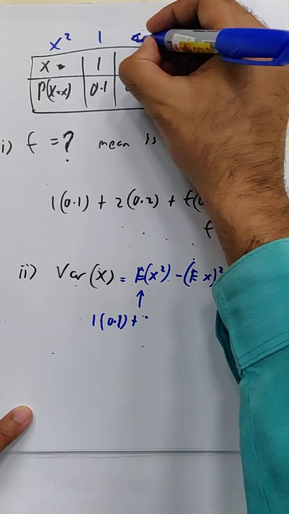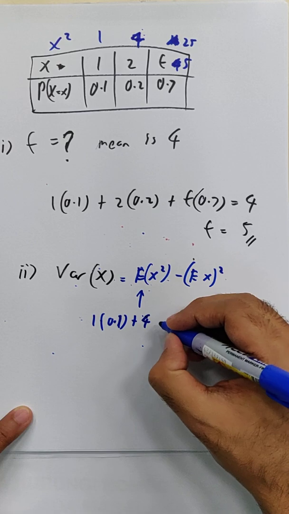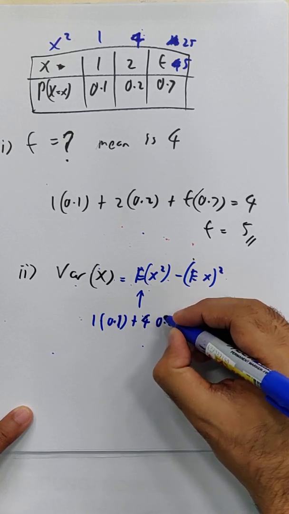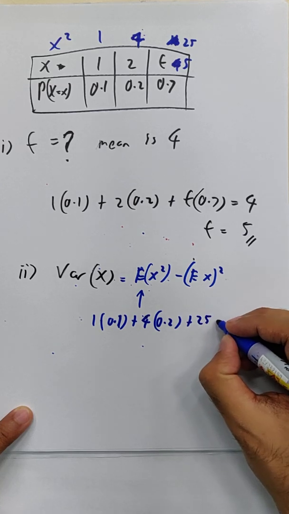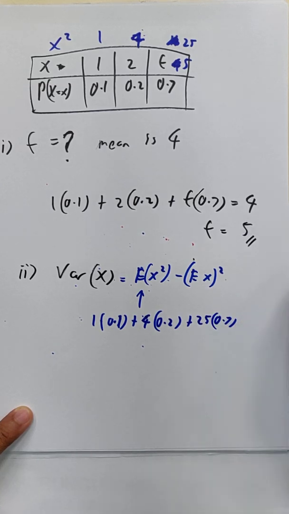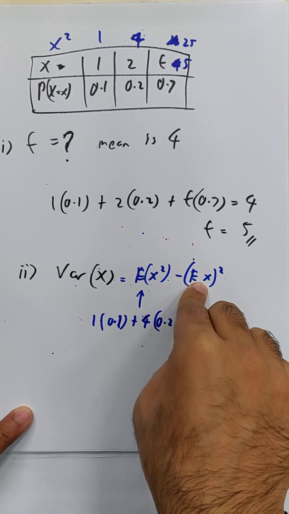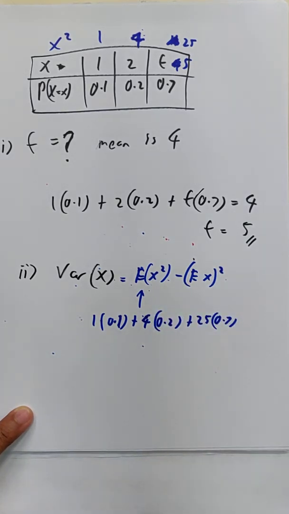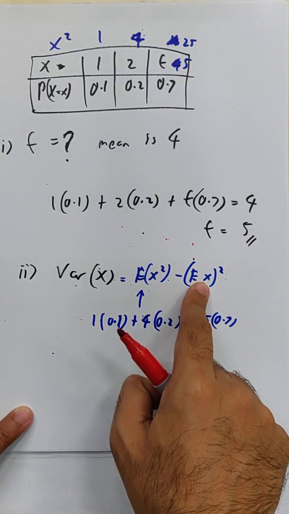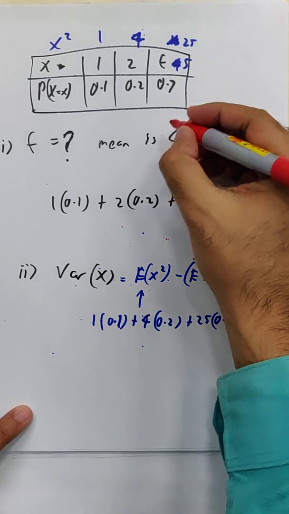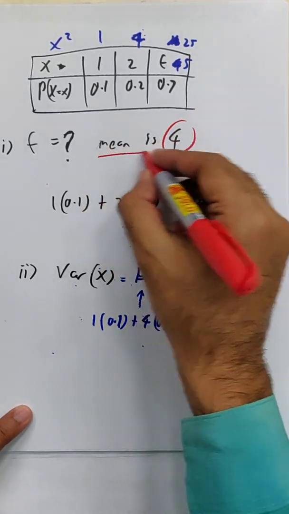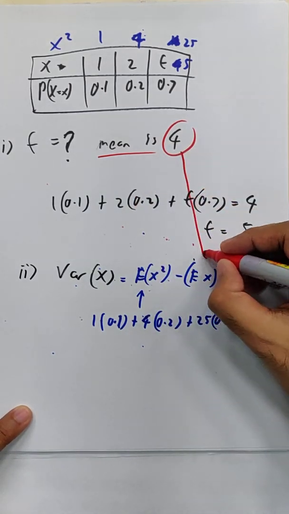This is 4. Now how do I find ax squared here? In the bracket, ax squared. How do I find this one? You take the mean. You put it in here.